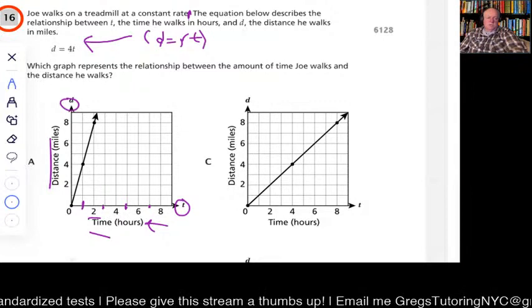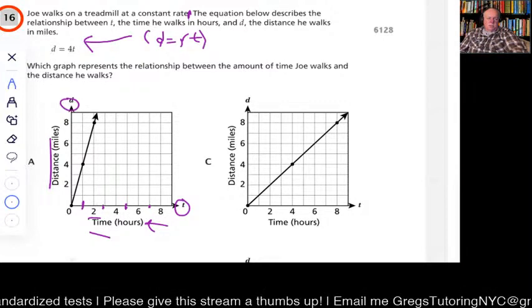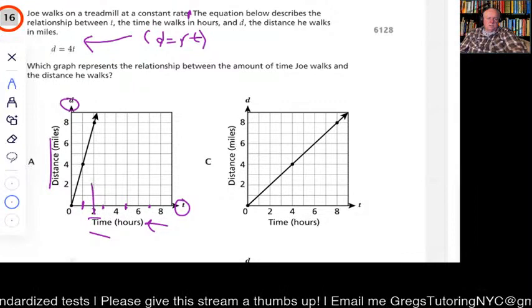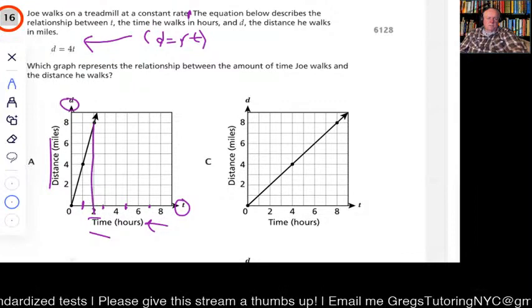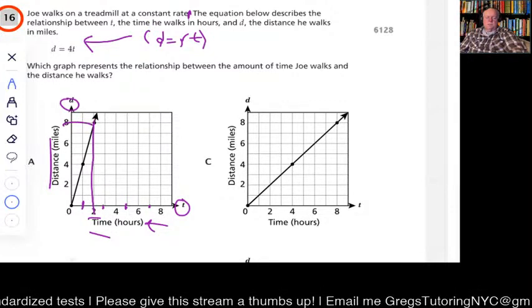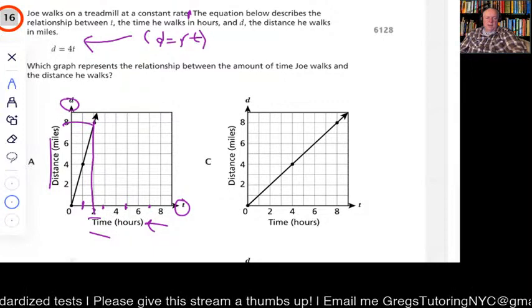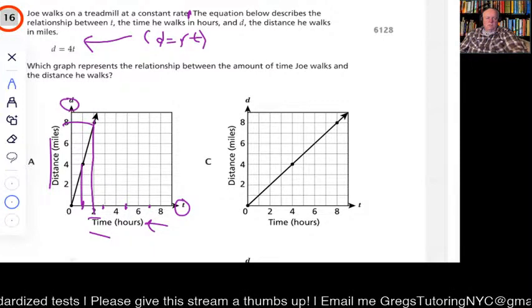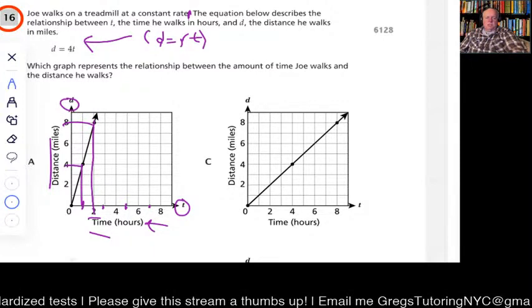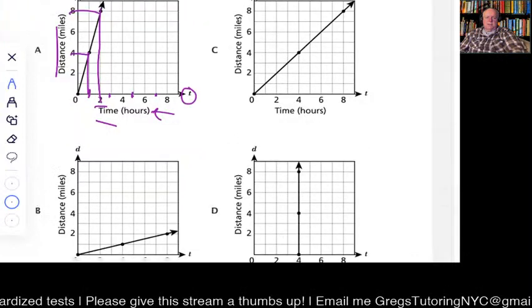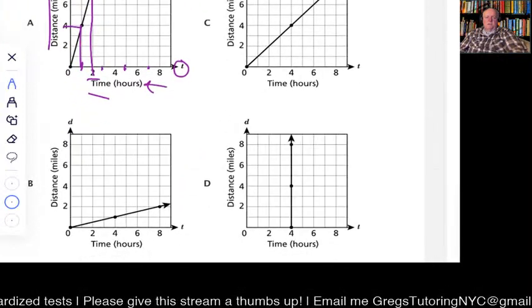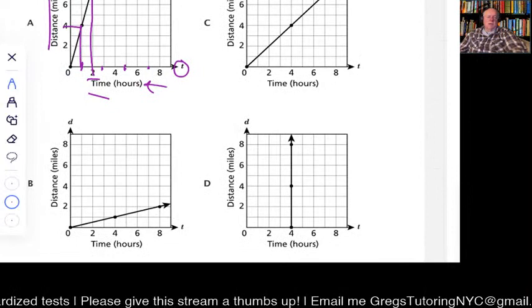So if we just try to do a thing here, it shows us that in 2 hours, he walked 8 miles, okay? In 1 hour, he walked 4 miles. So each chart kind of has that same thing. But the funny thing is chart D doesn't really have it.